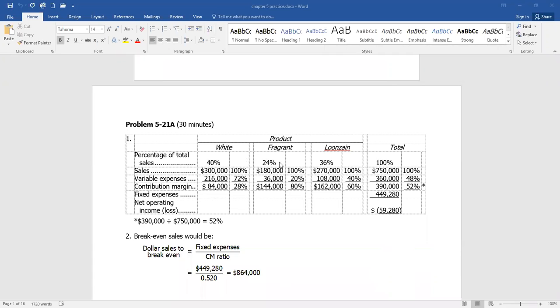So they show you the percentage of sales of each type of rice, the total sales, the total variable expenses associated with each, the contribution margin of each, and then the fixed expenses for the company as a whole. And it's showing that based on this information, there's a loss of $59,280.